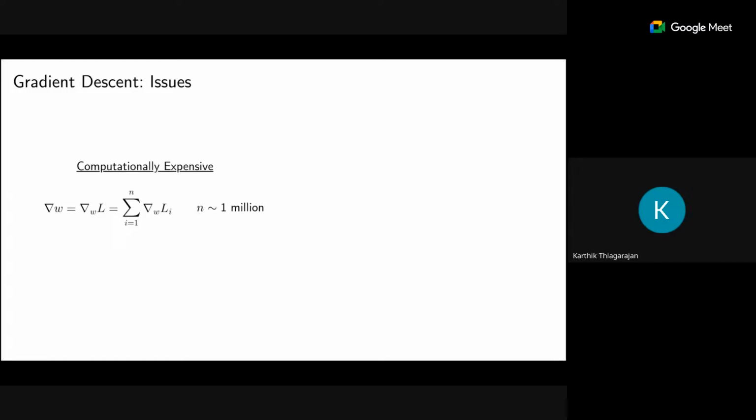So I have highlighted 4 of them. So first one is that gradient computation is computationally expensive, meaning if you have a lot of data points, which is usually the case in deep learning, right? So if you take what is called the ImageNet data set, it's a very popular data set that was very instrumental in the revival of neural networks and the birth of deep learning. So that has roughly 14 million images. Okay, so you are talking about millions of images that you'll have to train on.